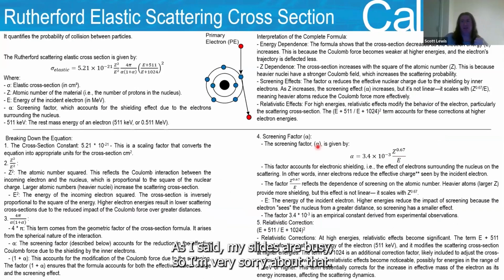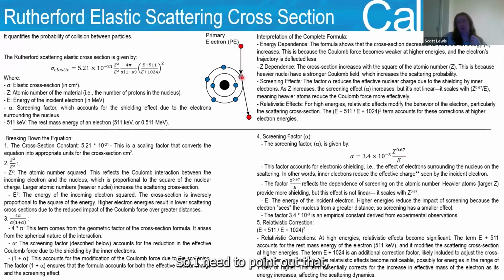Right, as I said, my slides are busy, so I'm very sorry about that. But the main takeaway really is that the first thing we're interested in is we need a scatter. Okay, so the electron comes in and hits the atom, and these dots represent electrons, let's say.